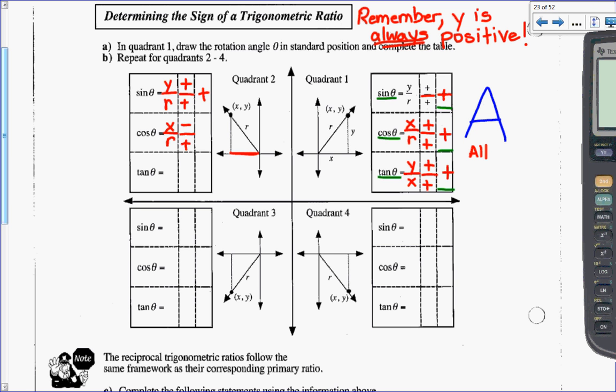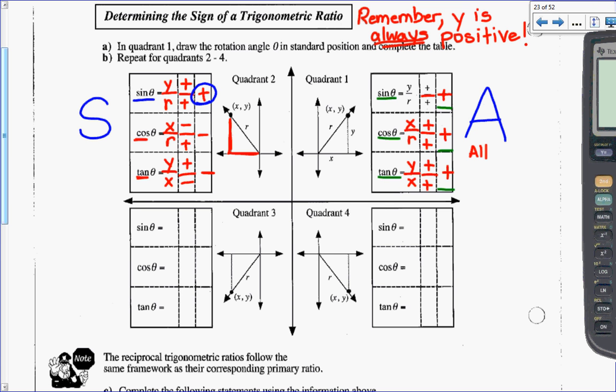A negative number over a positive number is going to give you a negative value for cosine. Tangent is y over x, and again our y value here would be positive, but our x value would be negative. A positive number over a negative number is going to give you a negative overall value for tan. So in this quadrant, there is only one trig function that will give us a positive value, and that's sine. So in quadrant 2, sine is positive.